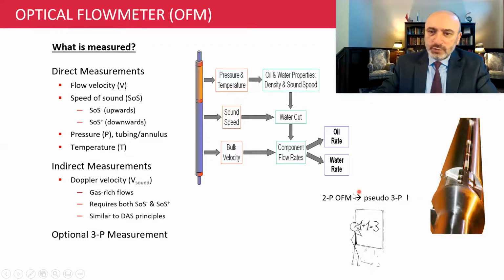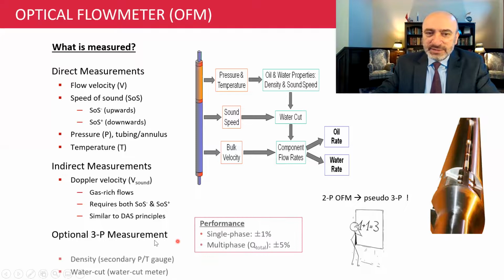So while the two-phase flow meter is reporting only oil and water flow rates for inline conditions, it will also be reporting oil, water, and gas phase flow rates for the surface standard conditions. So in a way, even though it's a two-phase flow meter, it will be reporting three-phase flow rates on the surface.